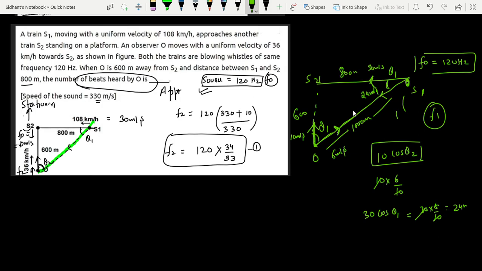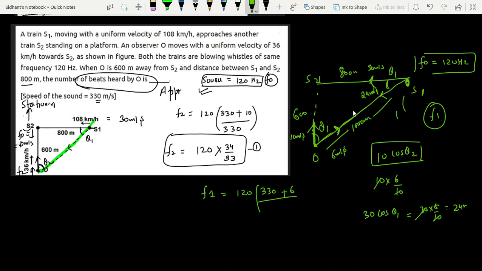Now getting? Yes, sir. Now just calculate F1 very easily. F1 is which frequency? That is heard by the observer from S1, right? So again the formula is very much clear. 120, in brackets tell me, that is 330 plus the velocity of the observer along the line, how much is it? 6, Lohit. Not getting.